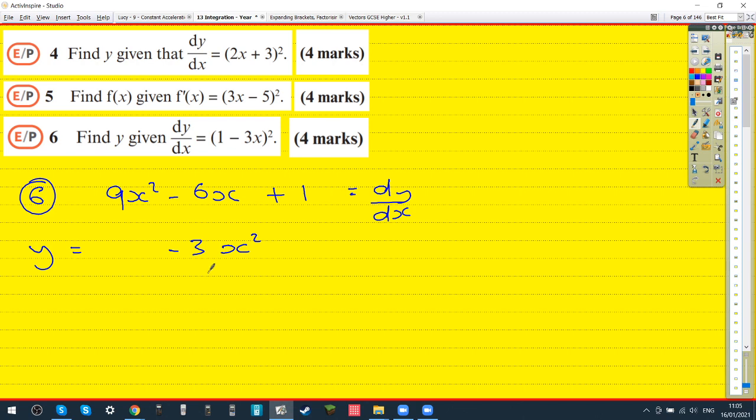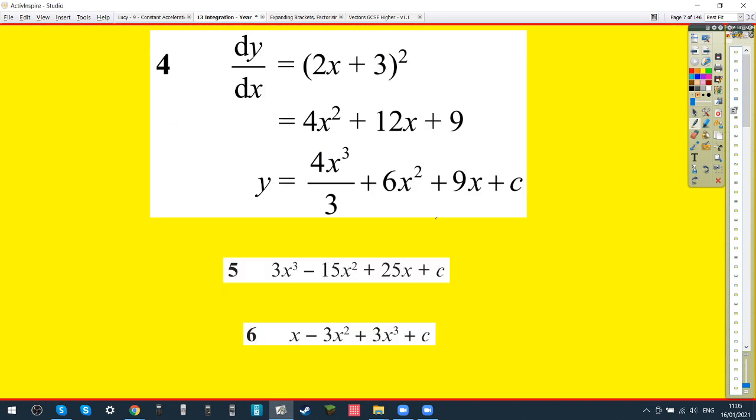So the answer would be 3x cubed minus 3x squared plus 1x. Yep. Plus c. Well done.